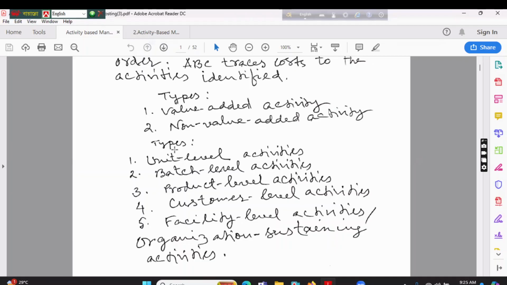We need to estimate this overhead and we assign this manufacturing overhead to product to determine product cost.